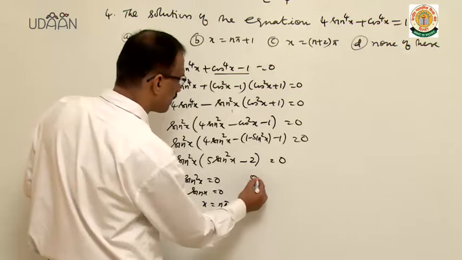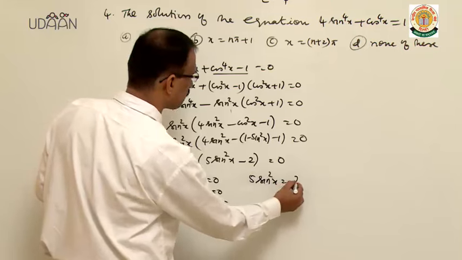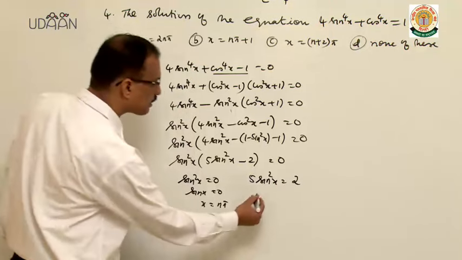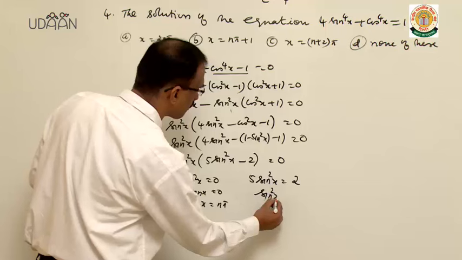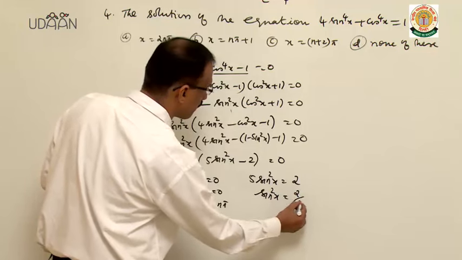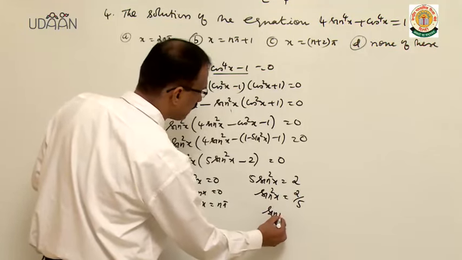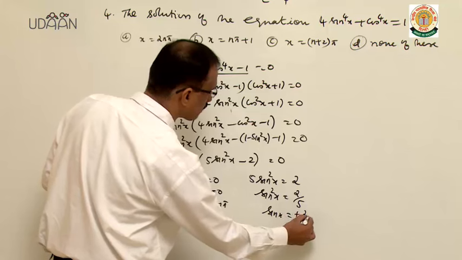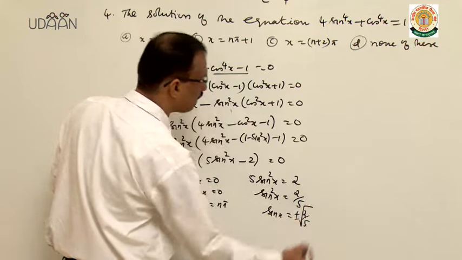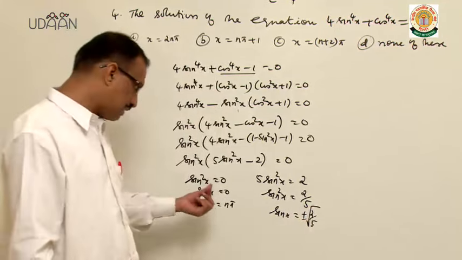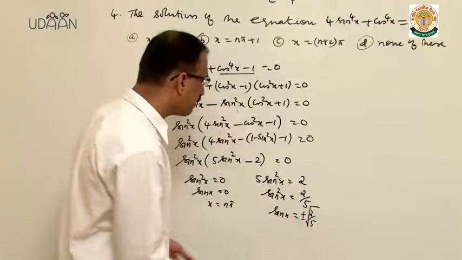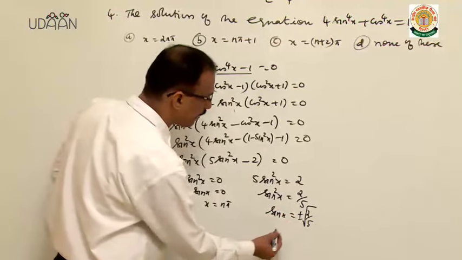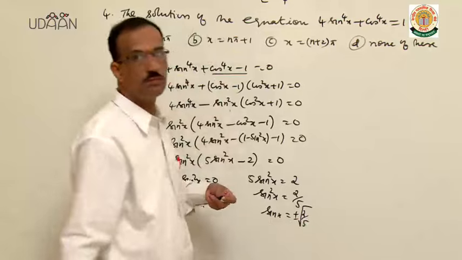Another, 5 sin square x equals 2. So sin square x equals 2 by 5. So sin x is equal to plus minus root of 2 by 5. So these are the values we get, or even x is equal to 2n pi plus minus root of 2 by 5.